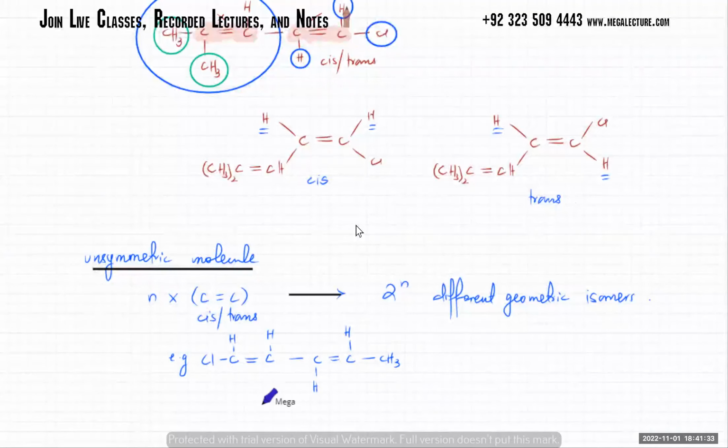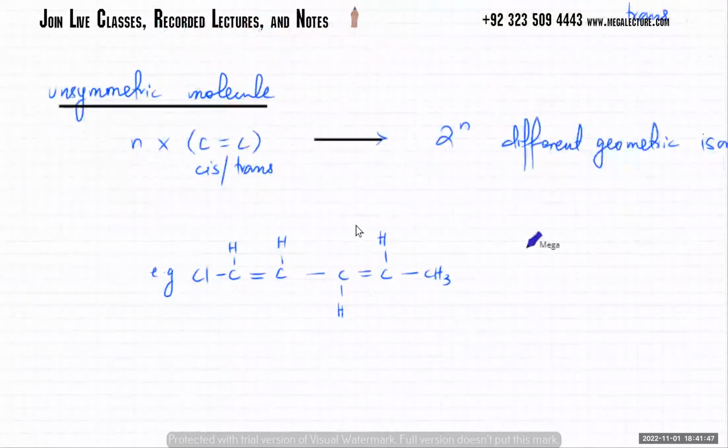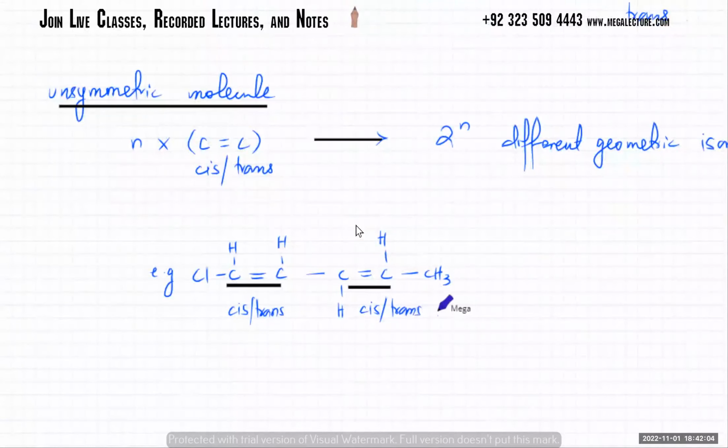In this molecule both of them are making cis trans. So the total three-dimensional shapes would be 2 to the power 2, and that will give you 4.